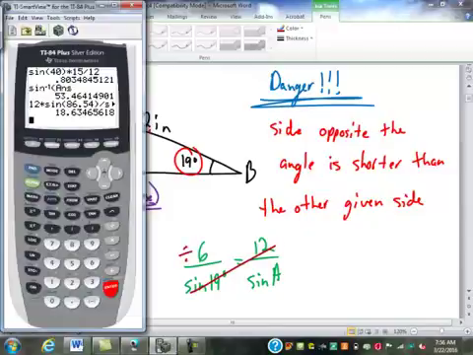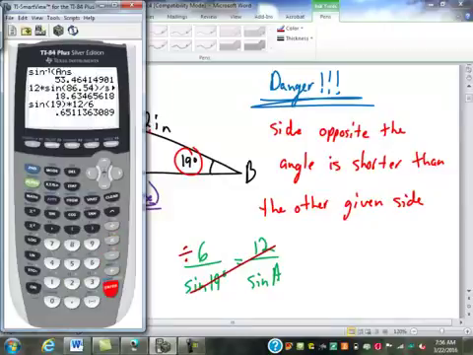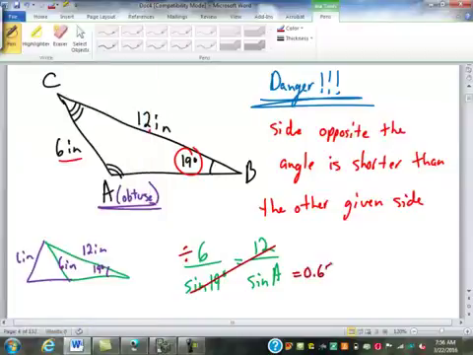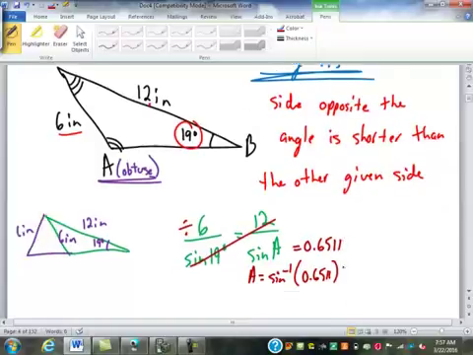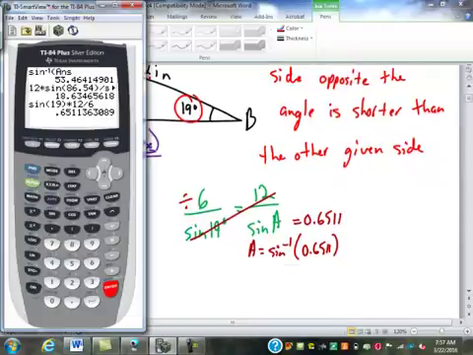Sine of 19 times 12 divided by 6 gives us 0.6511. So we're going to go ahead and do our inverse sine. And again, I'm not going to punch it back in. I'm going to use the calculator to do the work. Second sine, second answer.